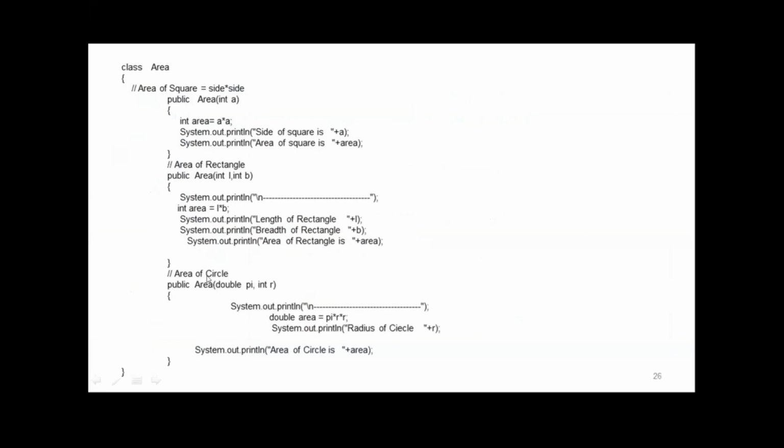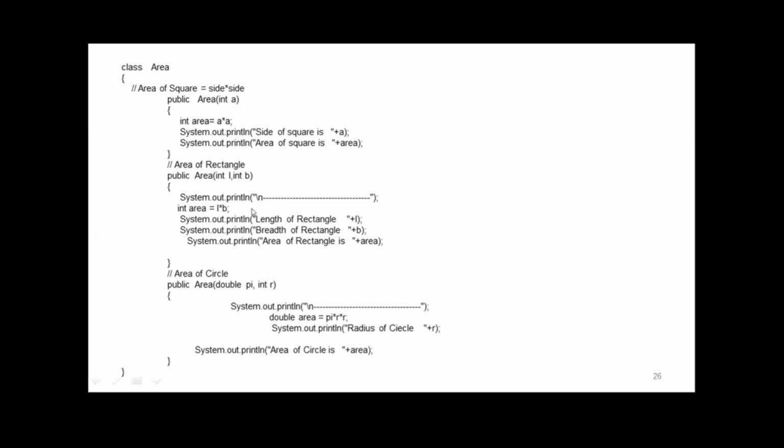Here one is a double, the second is an integer. Is it clear? So this is a rule of constructors. If you have the same number of parameters, the second property is that they should be of different types. Then the compiler will differentiate very easily. Then there will be no problem, no collision.